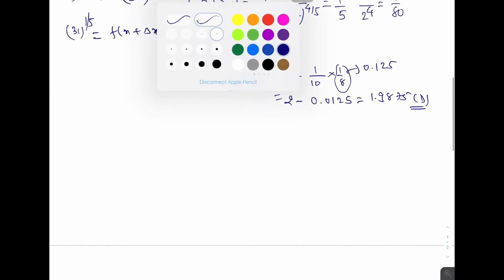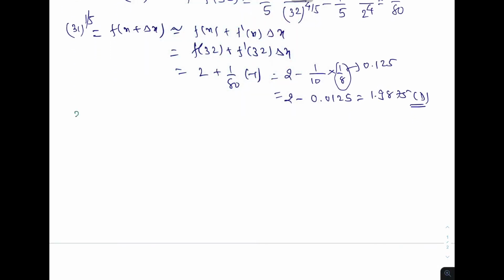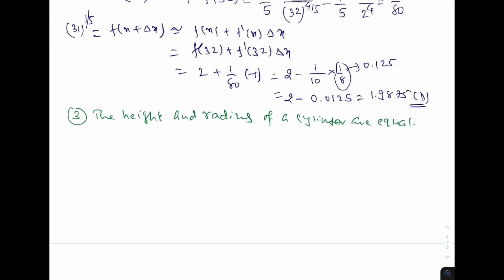Next, let us take the height and radius of a cylinder are equal.